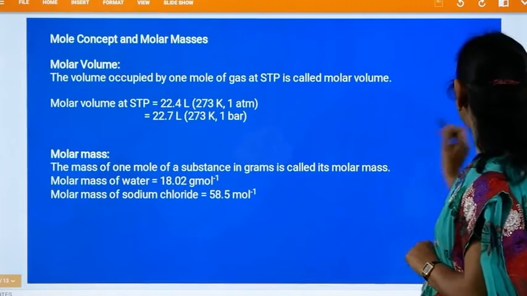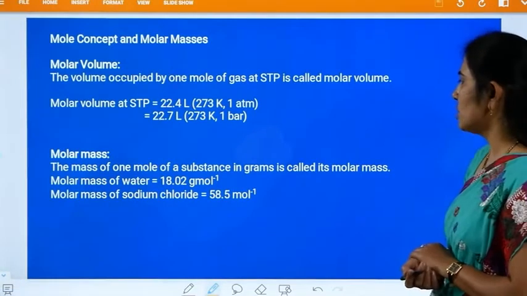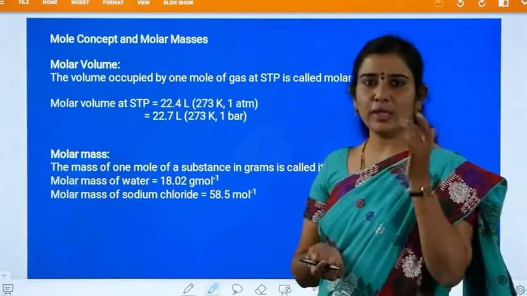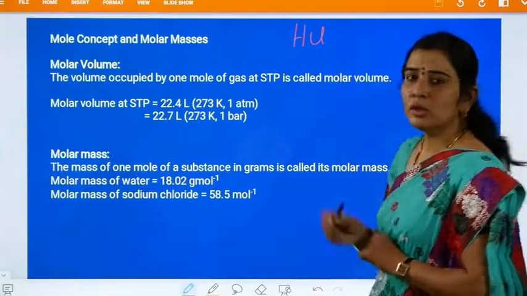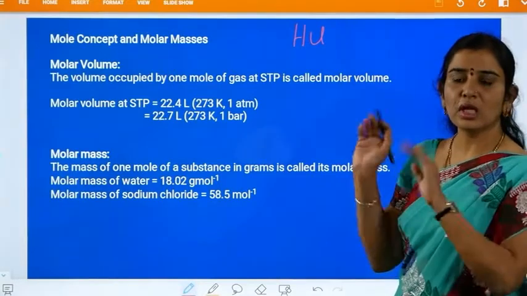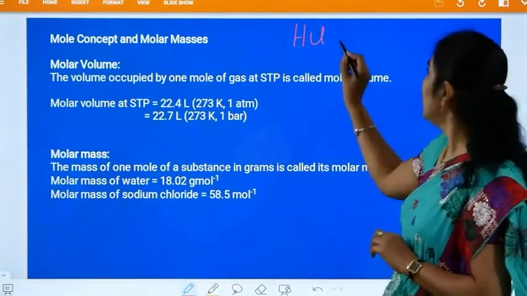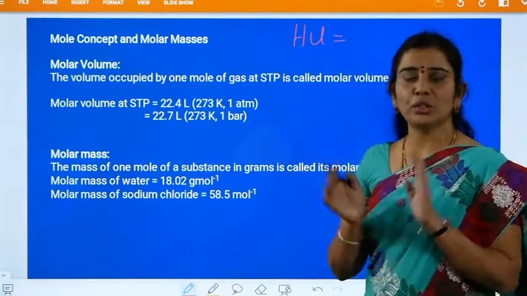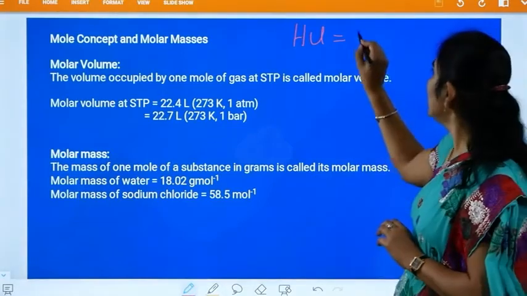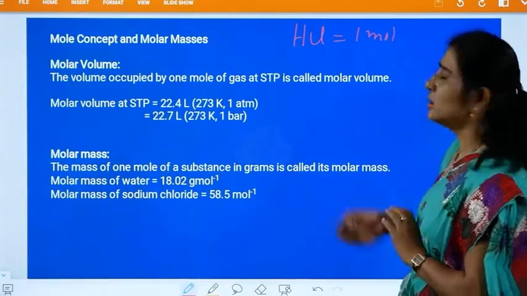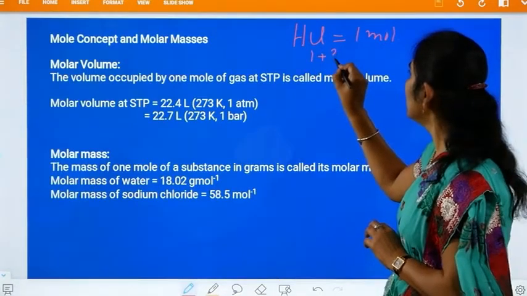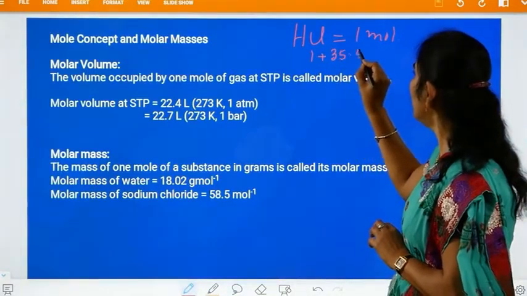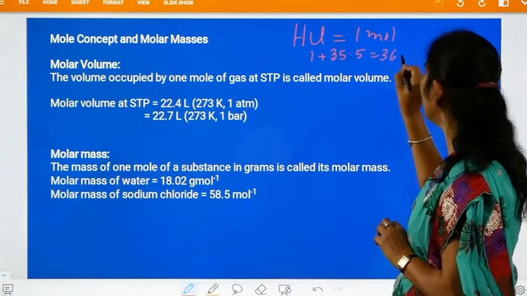What do you mean by molar mass? See, for example, take HCl, hydrogen chloride. It is a compound, a molecule, so I will tell this is a 1 mole substance. Now hydrogen 1 plus 35.5. Altogether, how much do you get? 36.5 gram.